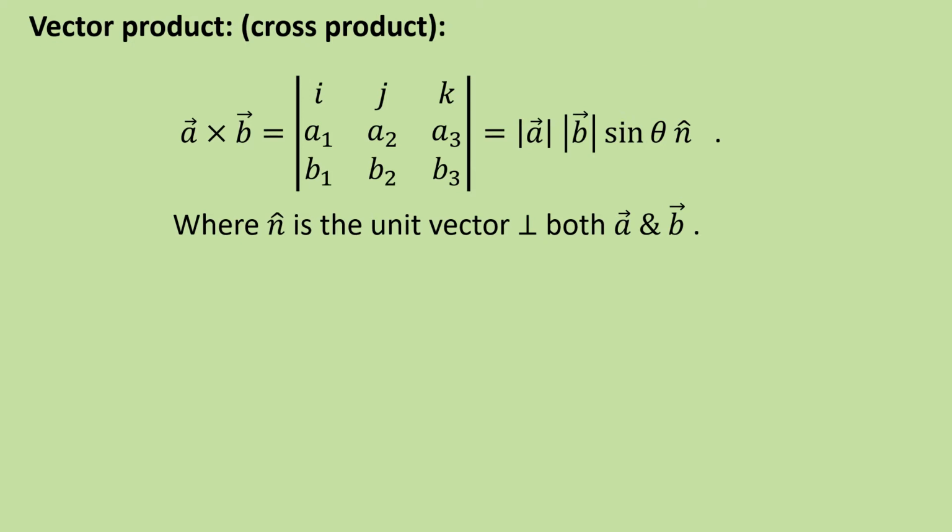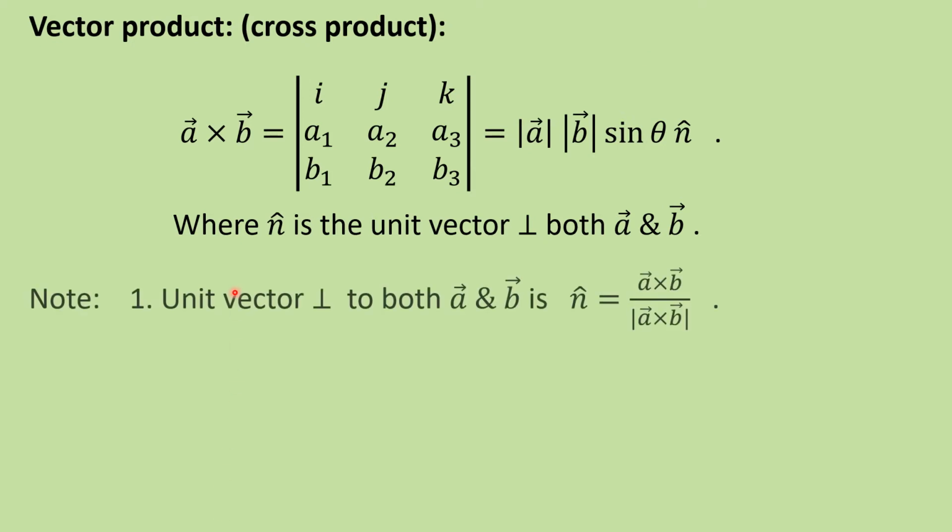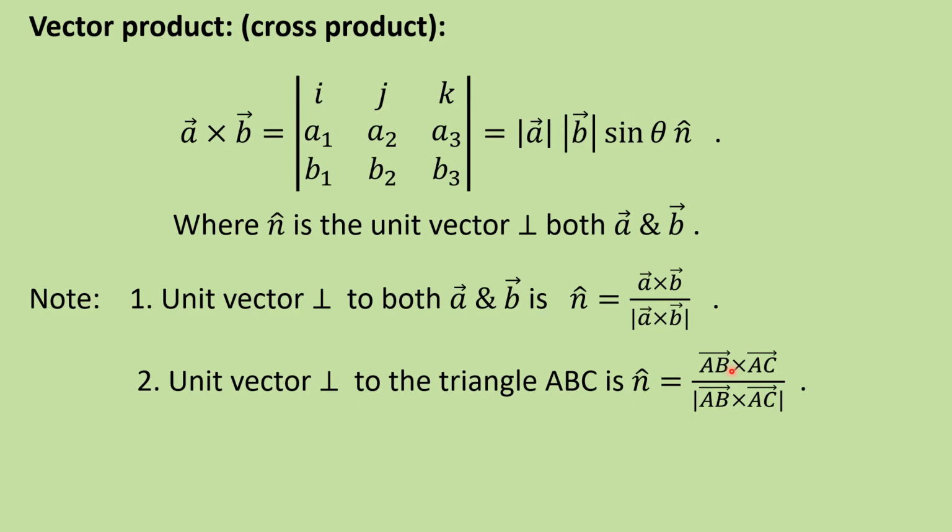So, we'll have a note. The first one: the unit vector perpendicular to both vectors A and B, n cap, is equal to the cross product between A and B divided by the magnitude of the cross product between A and B. So n cap is equal to A cross B by magnitude of A cross B. Similarly, if I want to find the unit vector perpendicular to triangle ABC, then n cap is equal to, we have to first find vector AB and vector AC, two sides of triangle ABC whose vertices are given.